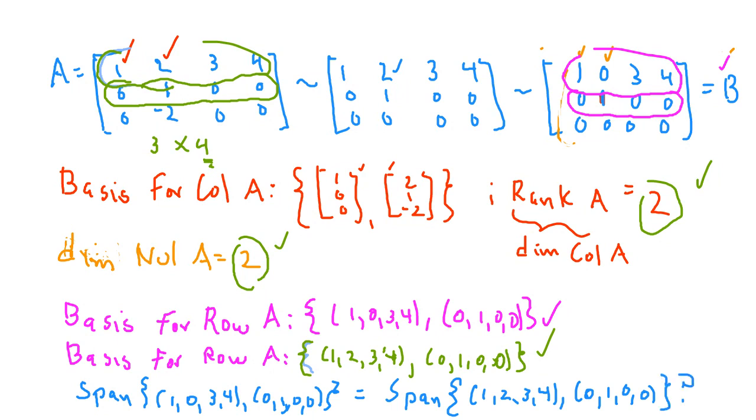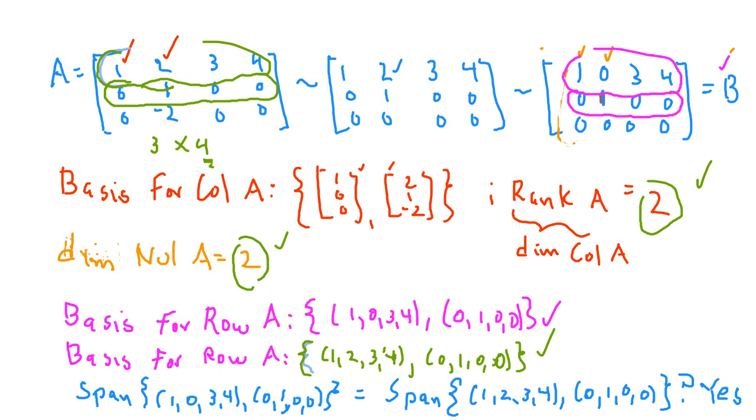Are their spans the same? Absolutely. That's right, Mikhail. They are, because they're both bases for the row space of A. So the space spanned by those vectors has to be equivalent. They're both bases for this subspace, the row space of A.